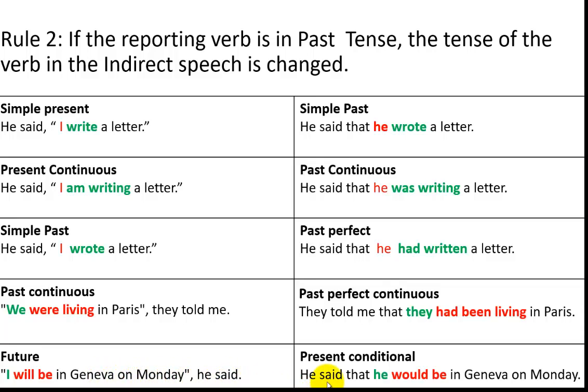Then it will change into present conditional. Conditional means would, could, should. He said that he would be in Geneva on Monday. So if the reporting verb is in the past tense, like said, told, then the verb in the indirect speech will also be changed.